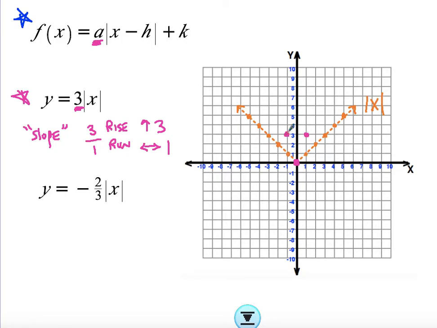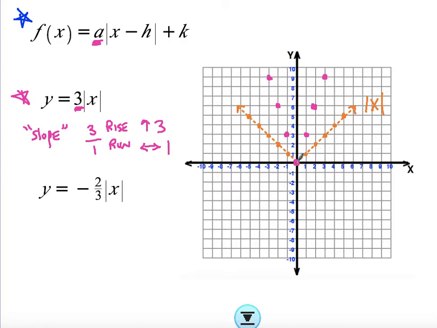So up 3 over 1 to the right and over to the left. And then from here, I'm going to go up 1, 2, 3 over 1, up 1, 2, 3 over 1. And then this one, up 3 over 1, up 3 over 1.